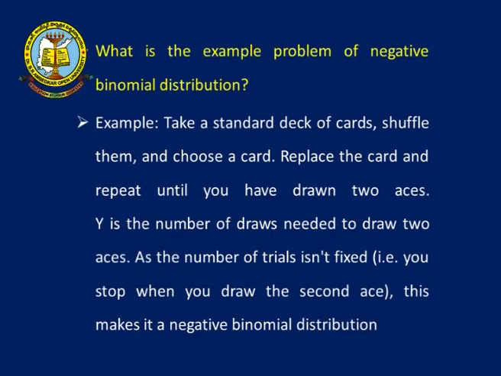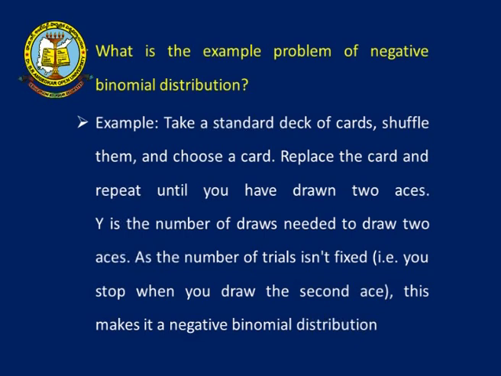See here, what is an example problem on negative binomial distribution? Suppose we take a standard deck of cards. So we take the 52 deck of cards. We are shuffling, choose one card, replace the card and repeat, shuffling the same, until you draw 2 aces.